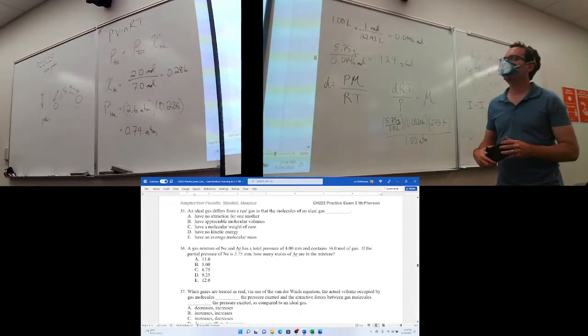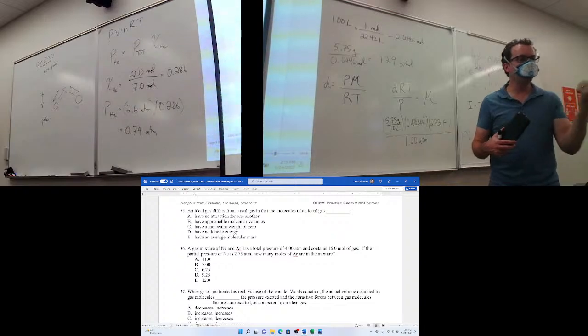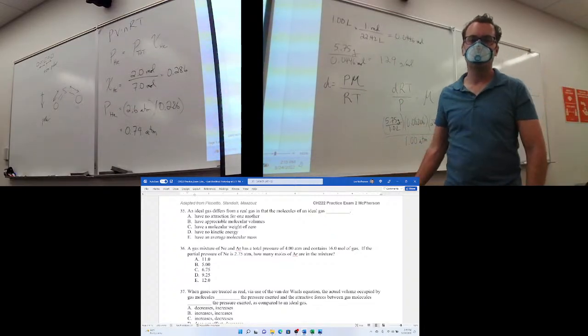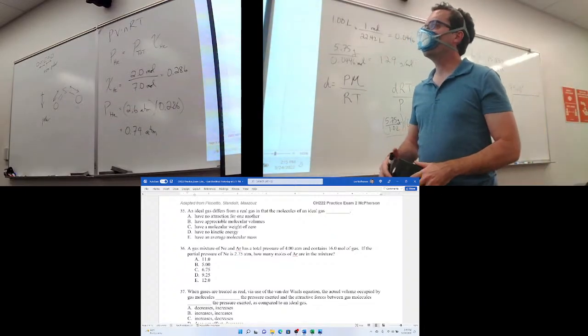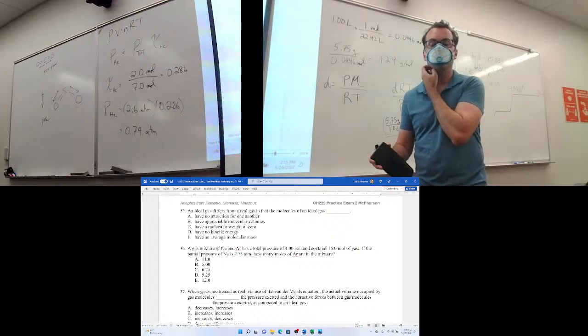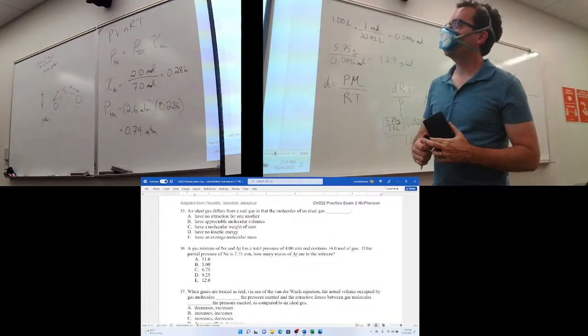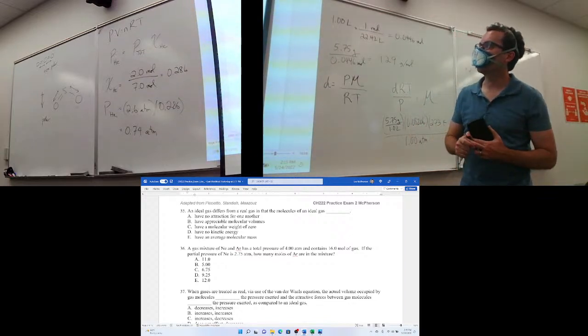So, an ideal gas differs from a real gas in that the molecules have no attraction for one another. There it is. That's the answer. Ideal gases have no attraction, no IMFs, and they have no volume. They don't take up any room. And that's it. Everything else is not true or the opposite.